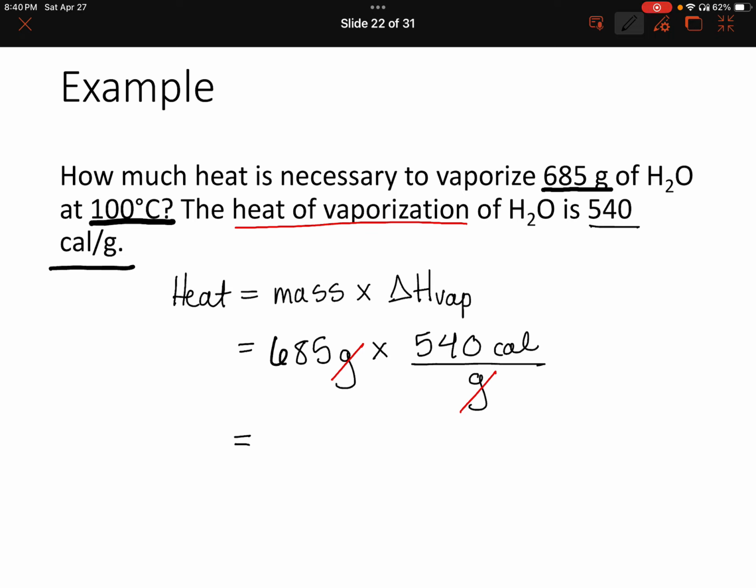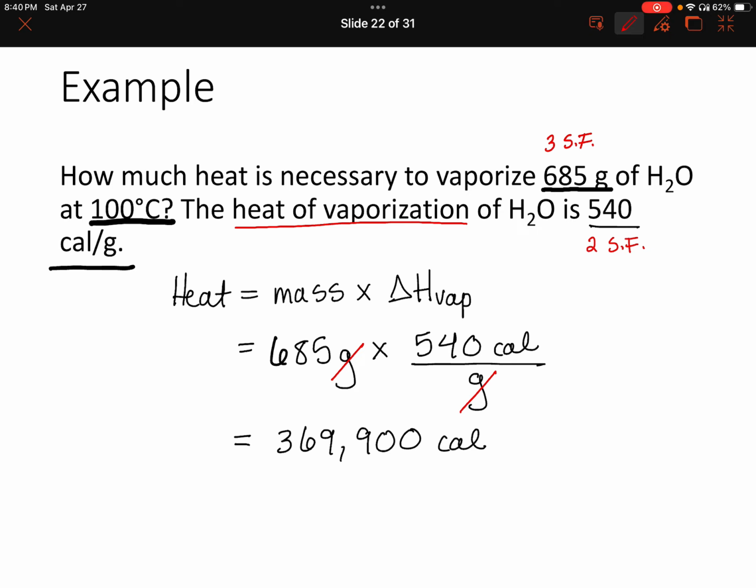And initially my calculator gave me 369,900 calories. But how many sig figs should we use for this equation? So it looks like we're given 3 sig figs for the mass, but only 2 sig figs for the heat of vaporization.